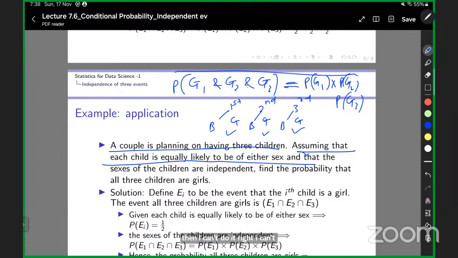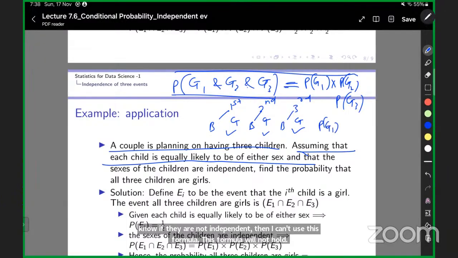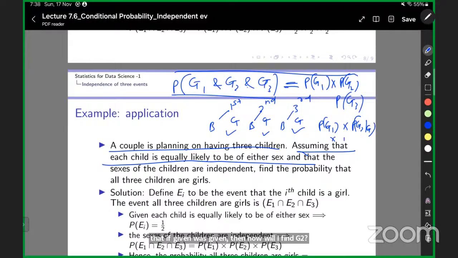So it should be clear that G1, G2, and G3 are independent. If they are not independent, then this formula will not hold. Then I have to use G1, and if G1 was given, find G2, and then multiply it with G3 given G1 and G2.